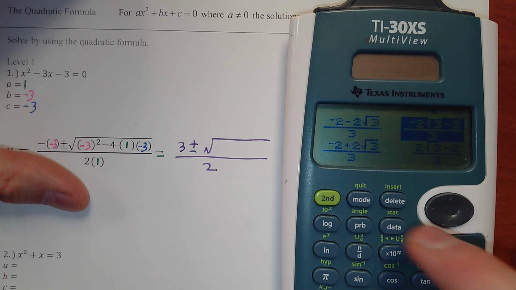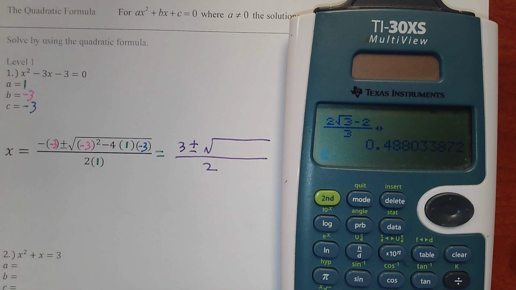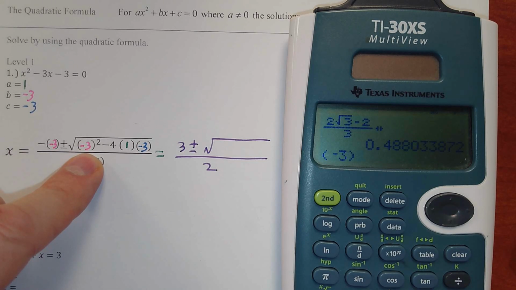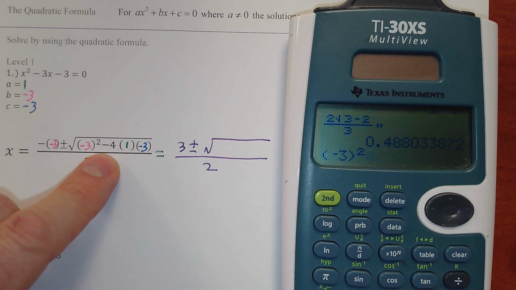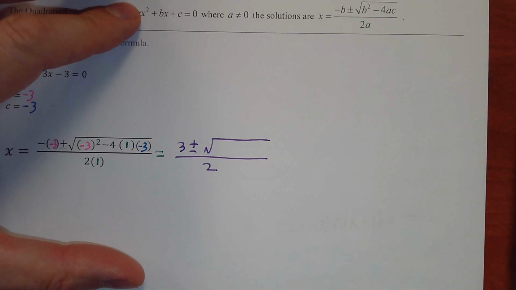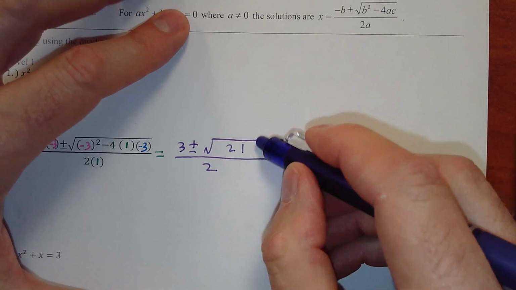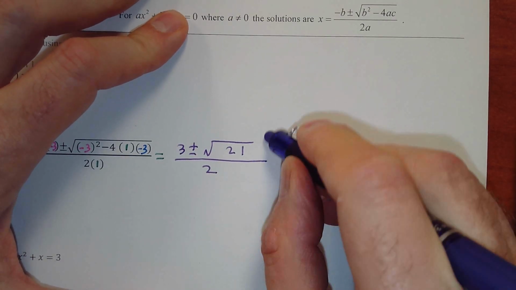It's kind of early in the morning when I'm recording this, so I'm going to let the calculator do the work. I'm just going to enter negative 3 quantity squared minus 4 parentheses 1 parentheses negative 3. And that gives us 21. So I guess I didn't have to make that quite so long.